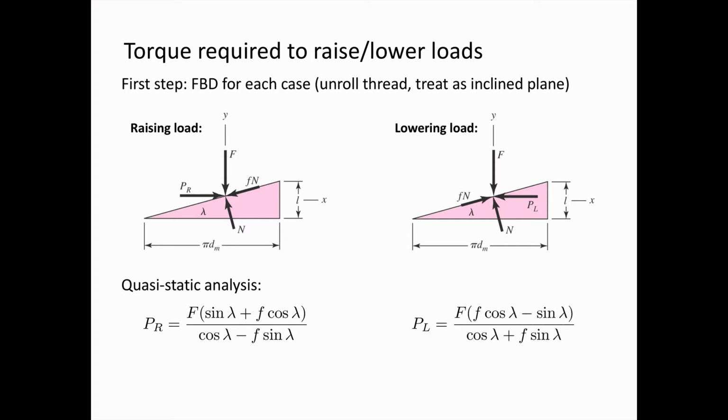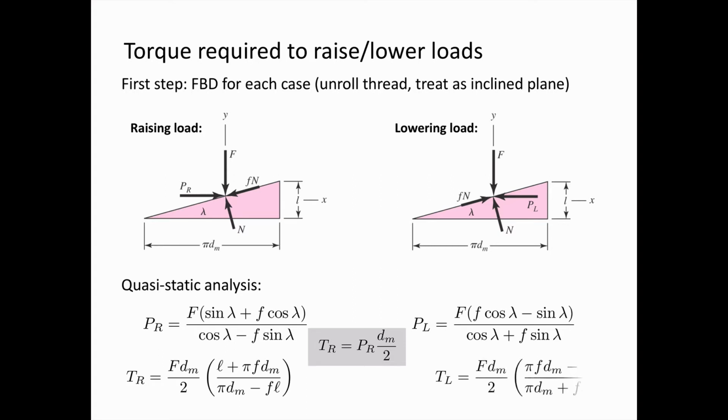If we are lowering the load, it's very similar. Now, if we apply this relationship between force and torque, we can derive what is the torque required to raise a load and what is the torque required to lower a load.